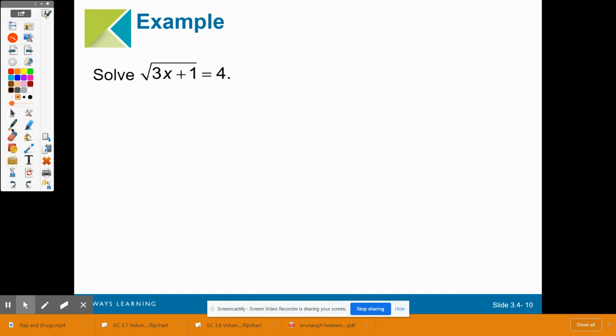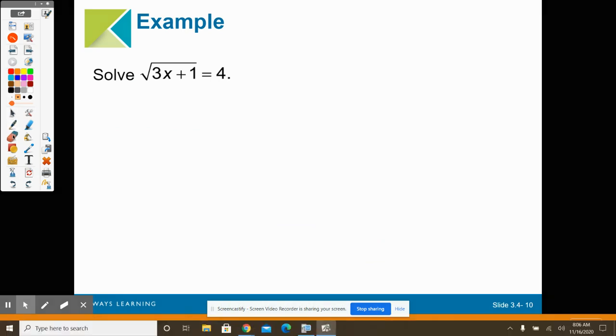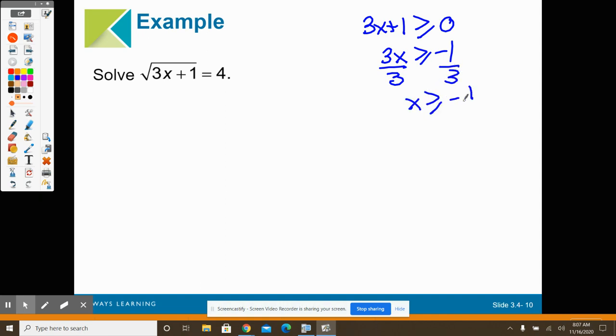All right, so here's the first one. First ones are easy. This is not bad. Okay, so what kind of answer would be a domain restriction? Because we still have to check on these. Remember, 3x plus 1 is going to have to be greater than or equal to 0. So 3x is greater than or equal to negative 1. X is going to have to be greater than or equal to negative 1/3, or we're going to do something wrong here, I think.